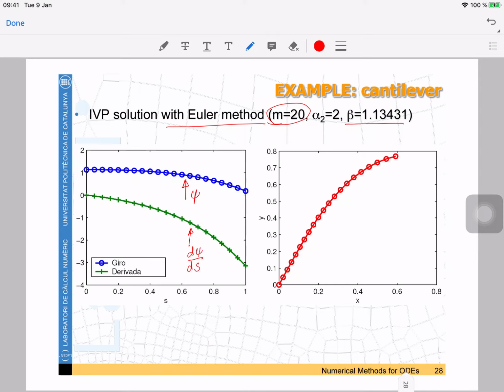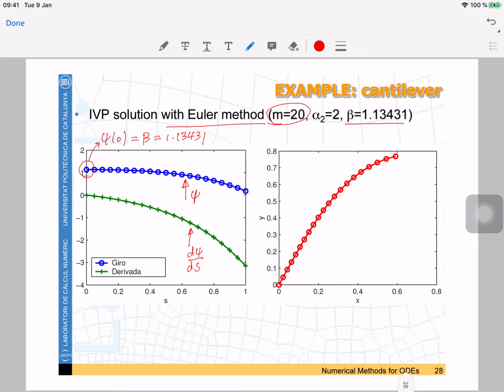So you see here that at the initial point, psi 0 is beta, which is 1.113. So you see that we satisfy the boundary condition.